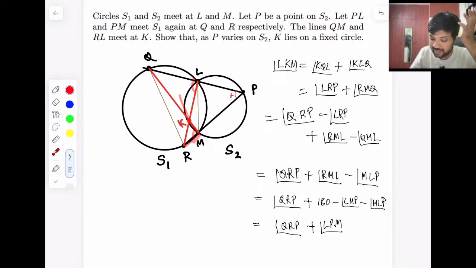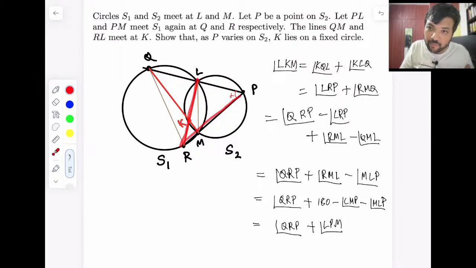Actually, we should write everything by directed angles, but for now, let's just write it. I mean, you just want to put the directed angle and we'll write it carefully. I think the proof will only then become correct, but for now, let's just ignore that. You can always put that later. LRP is QRP. What mistake did I make? LRP is Q. Is that a mistake? No, LRP is QRP minus. That is the mistake here, I think.